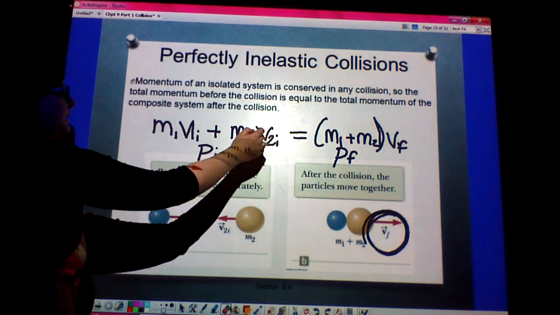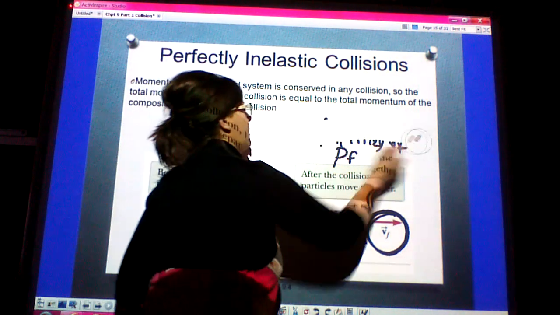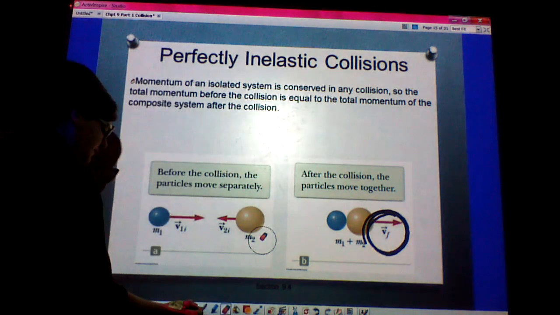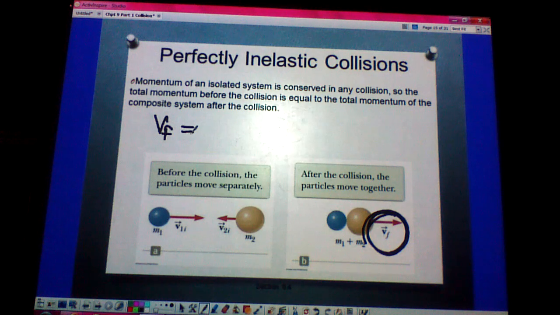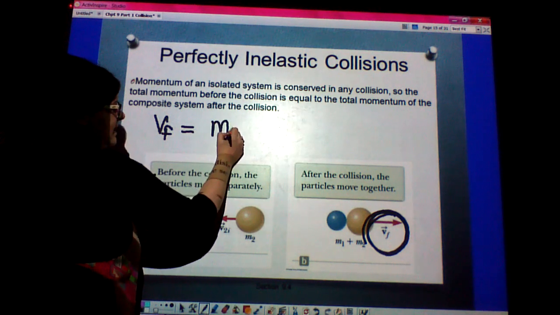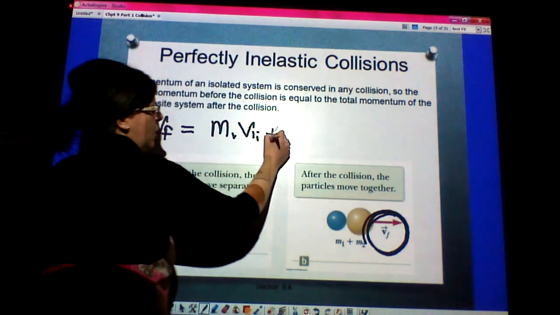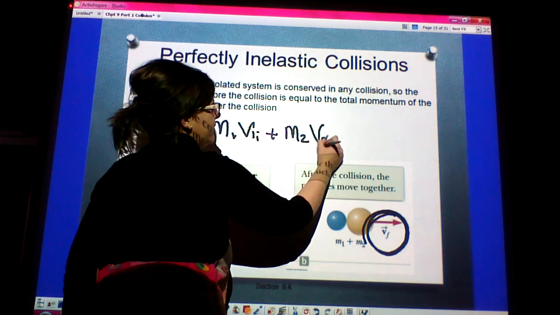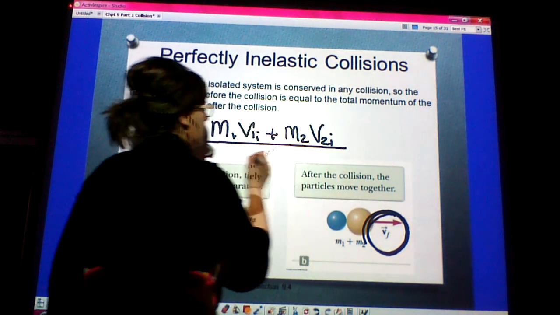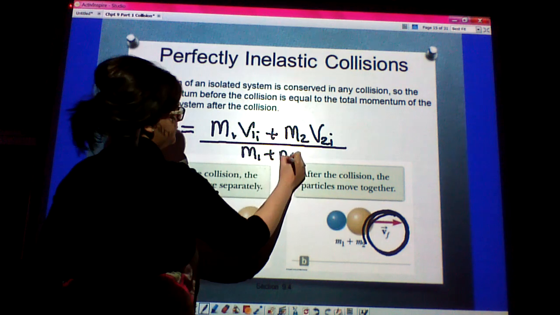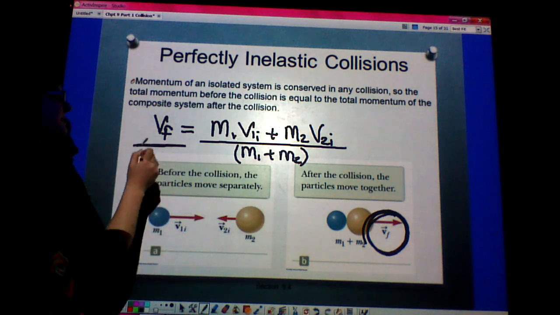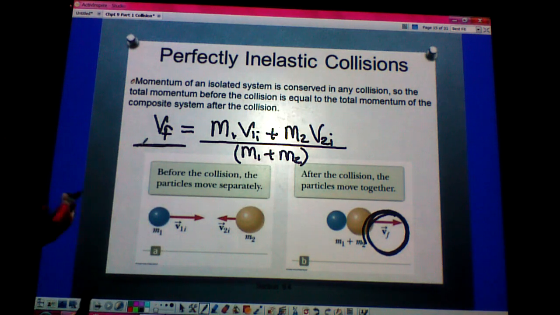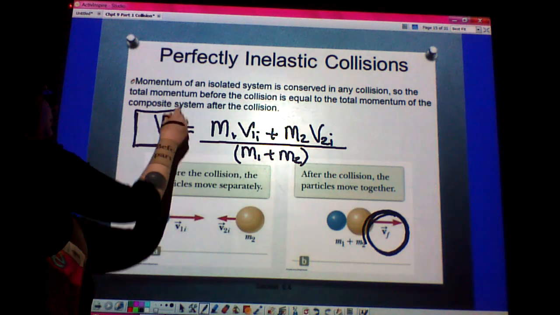That's a common problem in physics. So if I rearrange all of this, my final velocity for an inelastic collision should be m1 v1 initial plus m2 v2 initial, over the combined masses m1 plus m2. It's the same thing as the last formula, but I'm writing it out because you'll probably be using this one a lot.